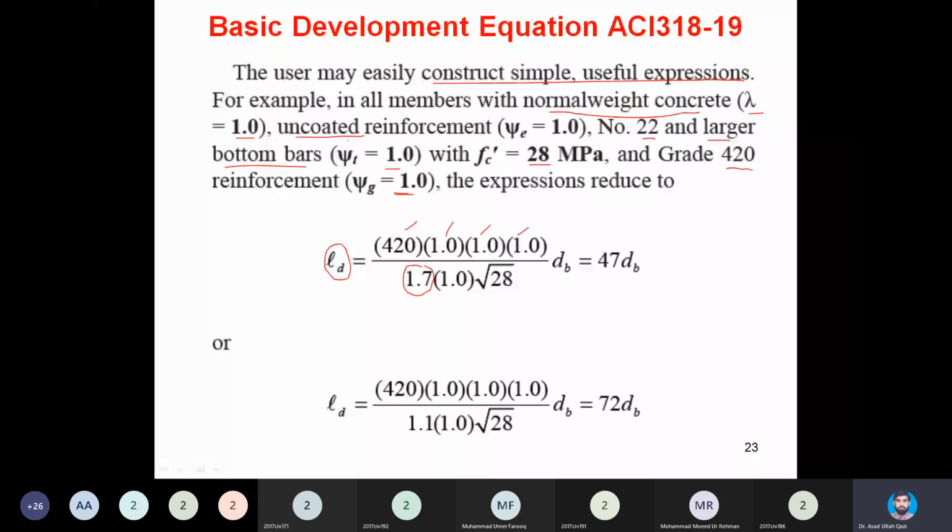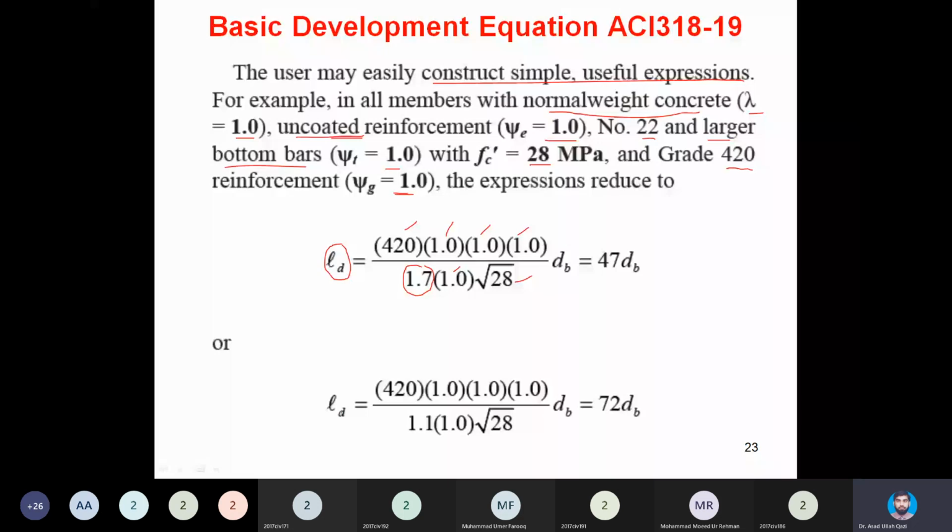So all 1, 1, 1, 1 factors, the applicable factors, along with the steel grade and concrete f'c at 28 days, I am putting in, and I am keeping db, the bar diameter, as a variable because I want to use it for different diameter bars, number 22 and larger.